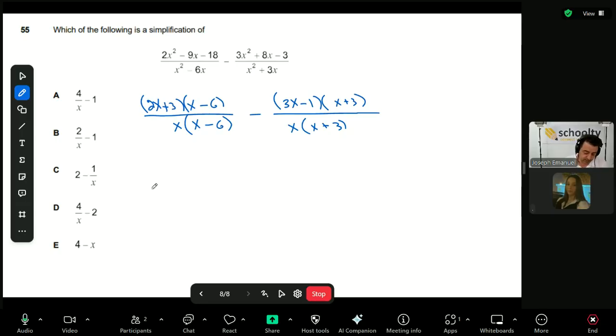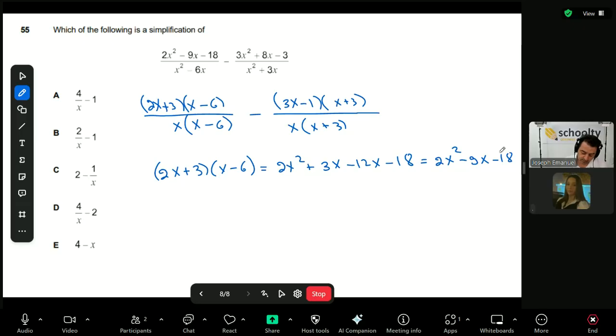Let's see if it works. Let's test it. 2x plus 3 multiplied by x minus 6 equals 2x square plus 3x minus 12x minus 18, which is exactly the same. So this is okay.